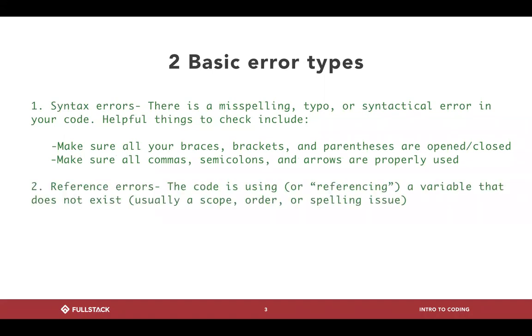And then the second type of error is reference errors. So it'll say you're trying to use something that doesn't exist. So a good example, right? Like, let's say that I have a chunk of code and I, for whatever reason, start trying to use a variable that I've never used, right?